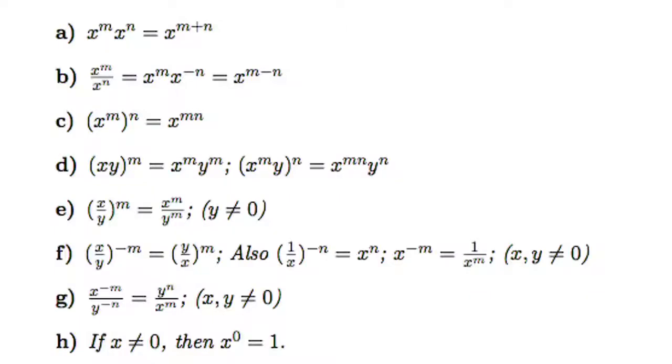Now, if you are multiplying two powers with the same base, then this is the same as having that base and you add the powers. And the same goes with the second one in B. If you are dividing, then you keep the base and you subtract the powers, and all the other laws that must be obeyed when you are dealing with exponents.